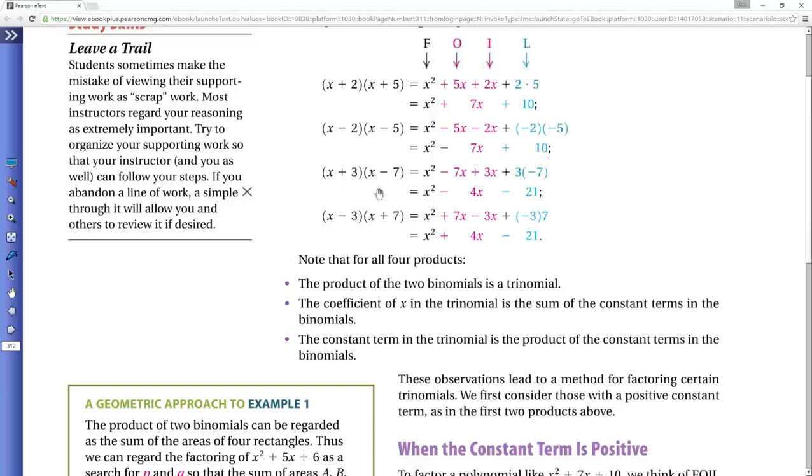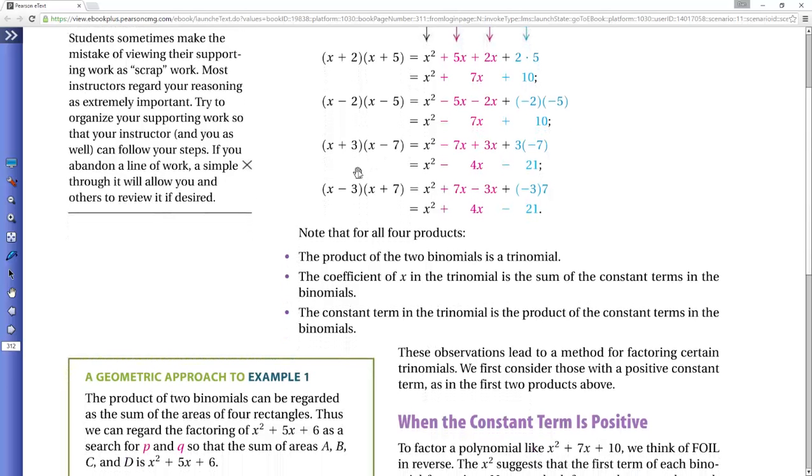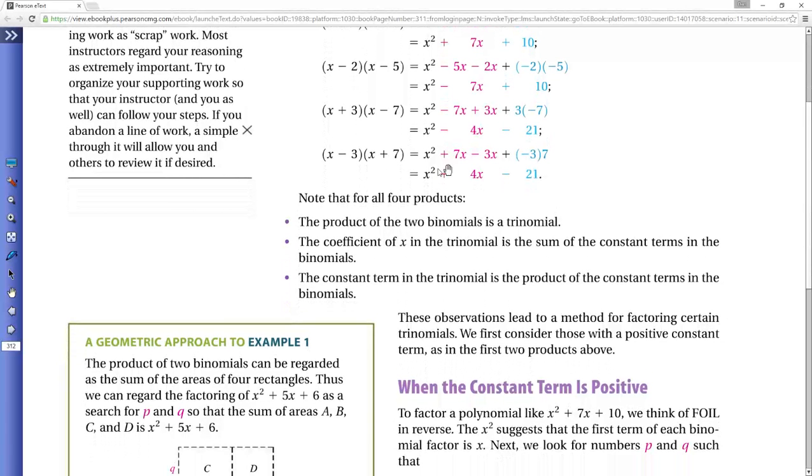If I have an addition and a subtraction, I end up with both my middle term being negative and my last term being negative. And also it could happen this way. Here I have a subtraction and an addition, and I end up with this last term being negative and my middle term being positive.